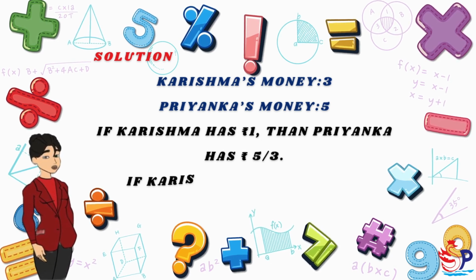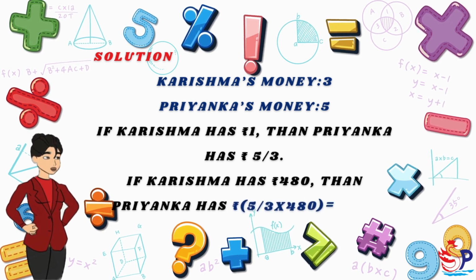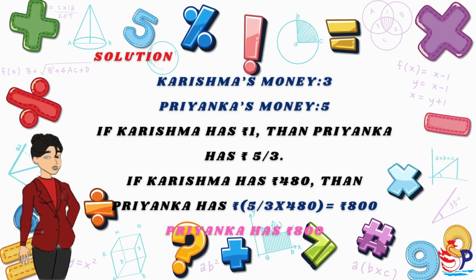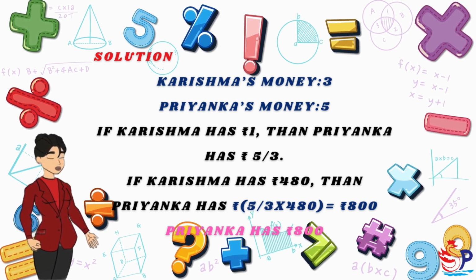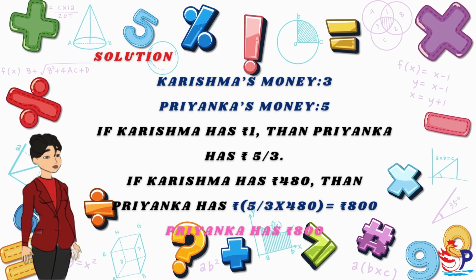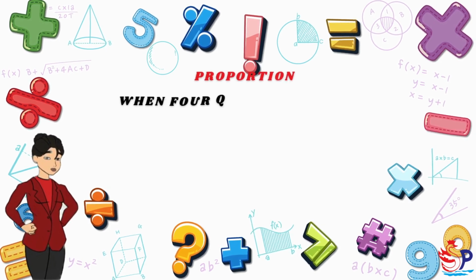If Karishma has 1 rupee, then Priyanka has 5 by 3 rupees. If Karishma has 480 rupees, then Priyanka has 5 by 3 multiplied by 480, which is equal to 800 rupees. Priyanka has 800 rupees.